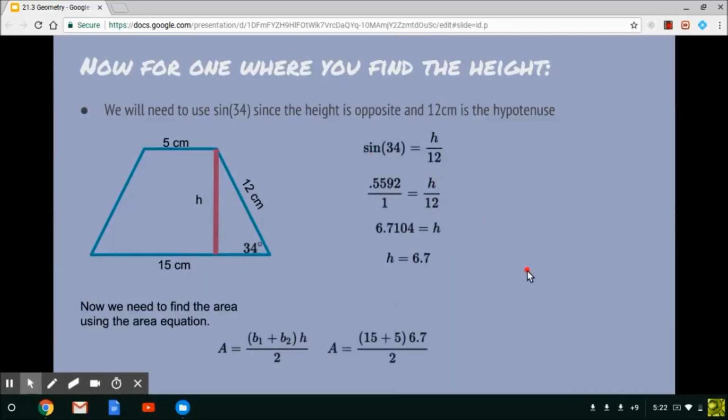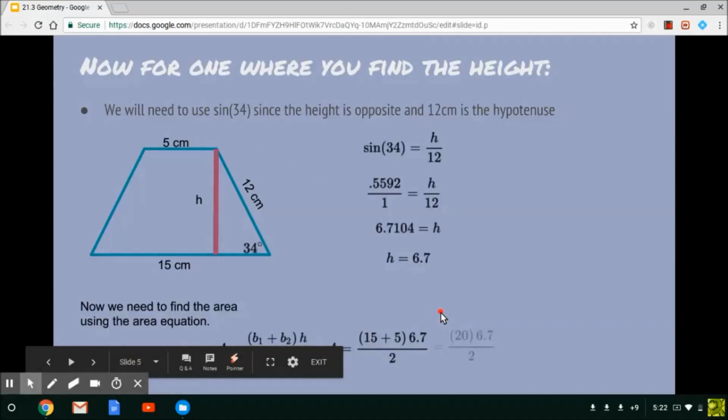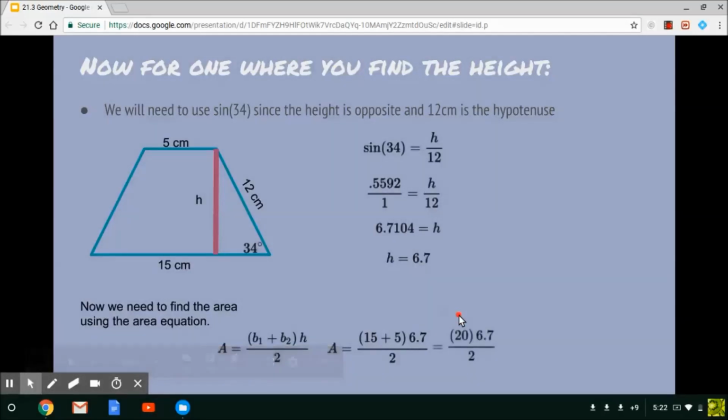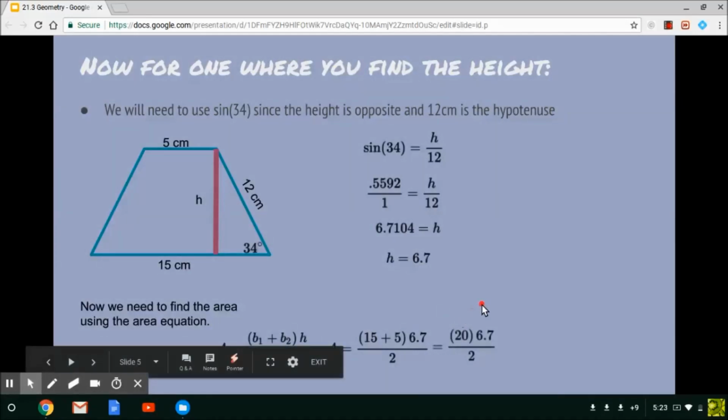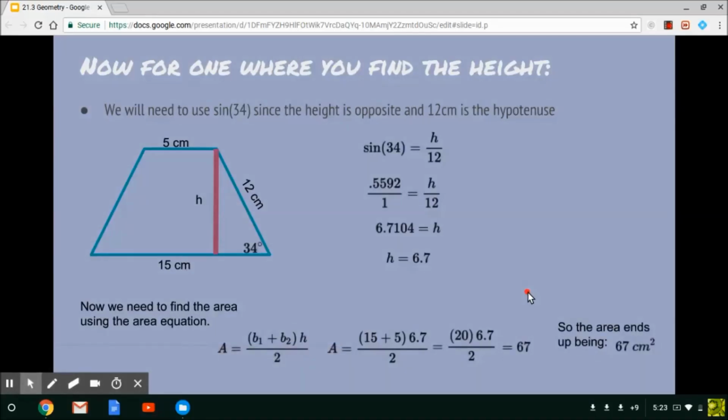So in this case, one of our bases is 15, the other one is 5. So it's 15 plus 5 times our height of 6.7, all divided by 2. So that's equal to 20 times 6.7 divided by 2, which ends up being 67. So since this is in centimeters, our area ends up being 67 centimeters squared.